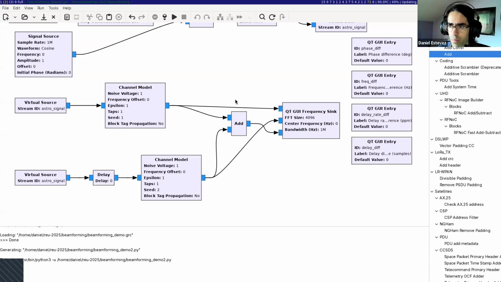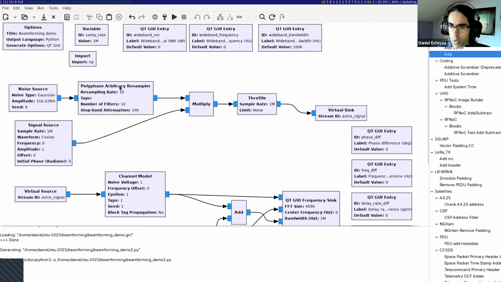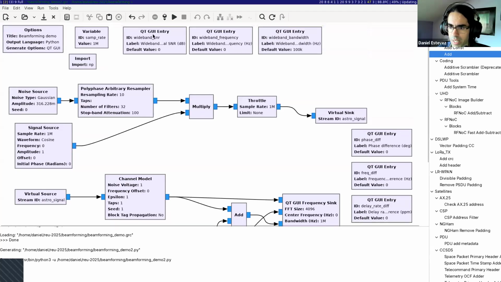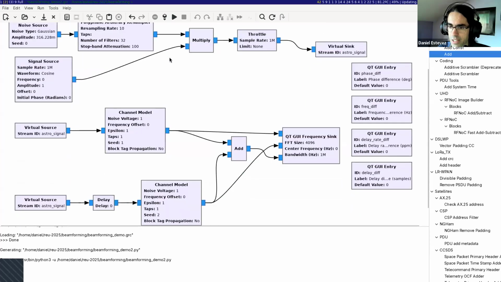The larger your antenna, the more signal power you are able to collect. And it is clear that if we are trying to receive weak signals, then the larger the antenna, the better, because we have more collecting area. So we can receive more power. And basically, going back to the simulation, we will increase the SNR of the signal and we will make it easier to see.